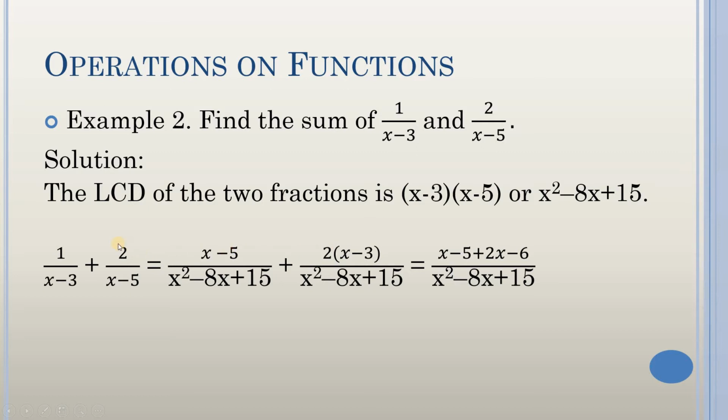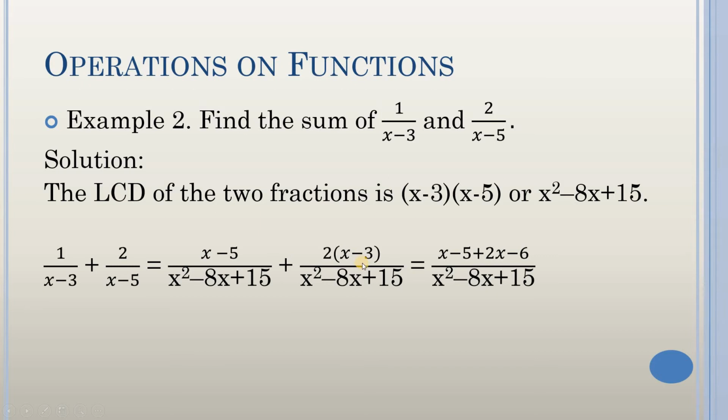Since it has a numerator of 2, we are going to distribute 2 to x minus 3. Finally, we find the sum of the two numerators, rewriting the same denominator since it is similar: x minus 5 plus the quantity 2 times x minus 3.